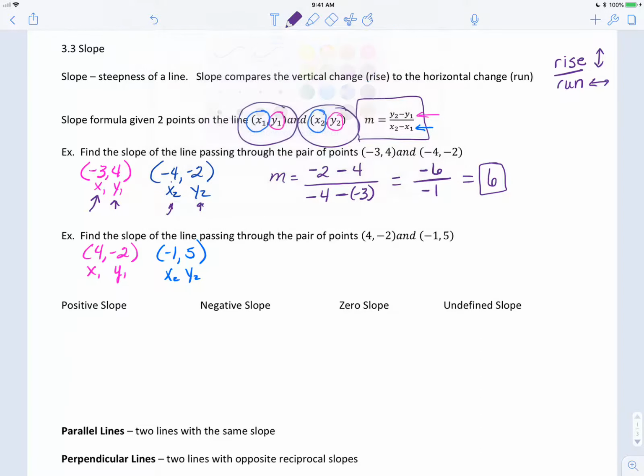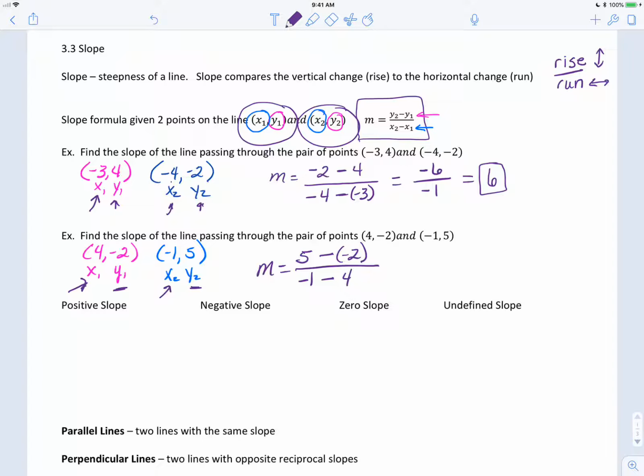Now we're just going to fill out the formula again. m is equal to y2, 5, minus y1, which is -2, over x2, which is negative 1, minus x1, which is 4.